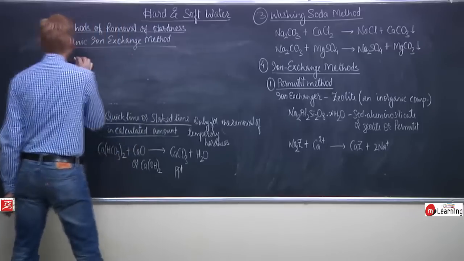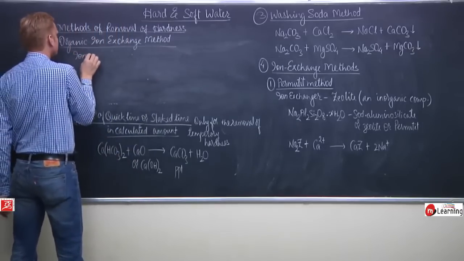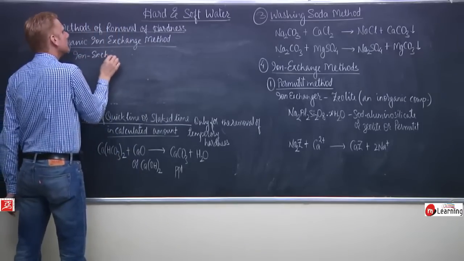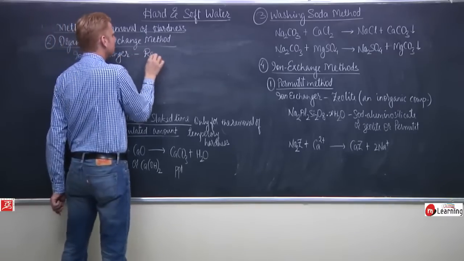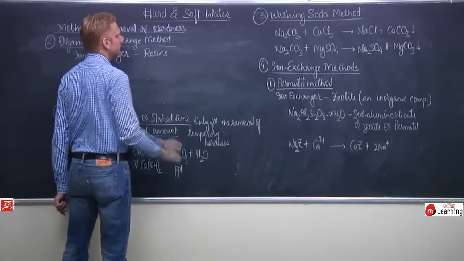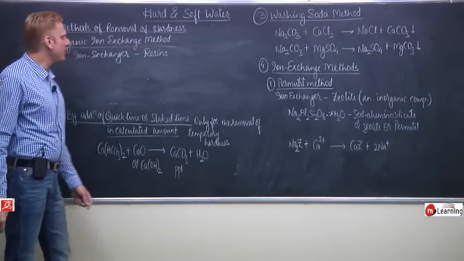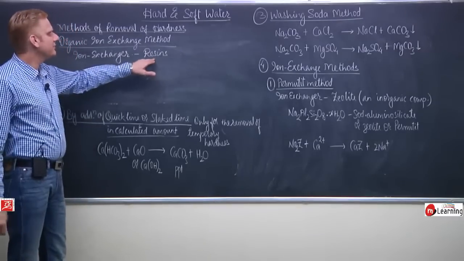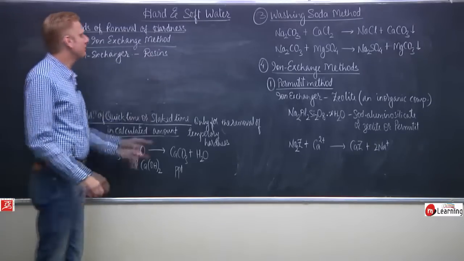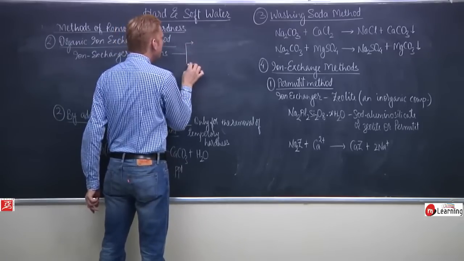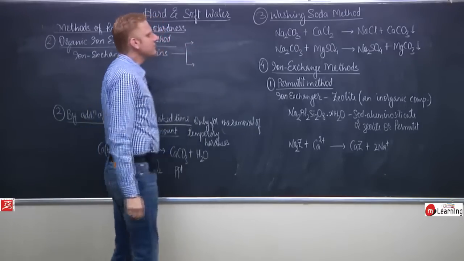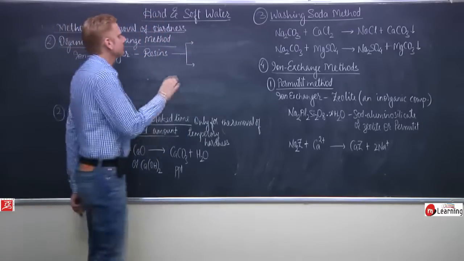This method involves an ion exchanger substance in the form of resins. For softening of hard water, different types of resins are used.